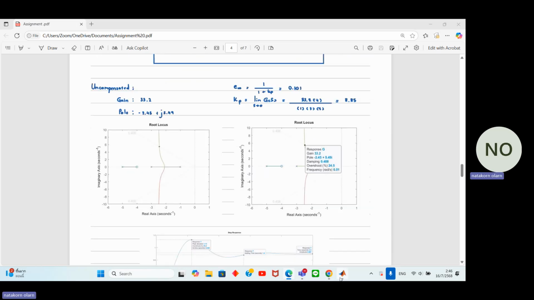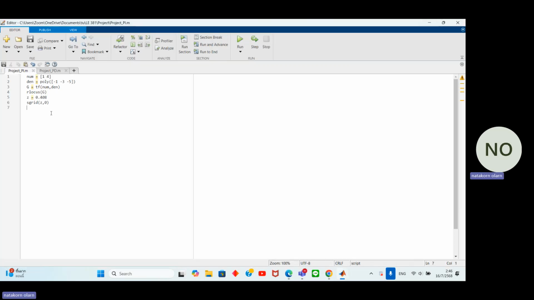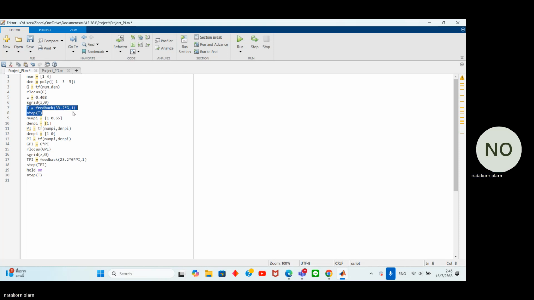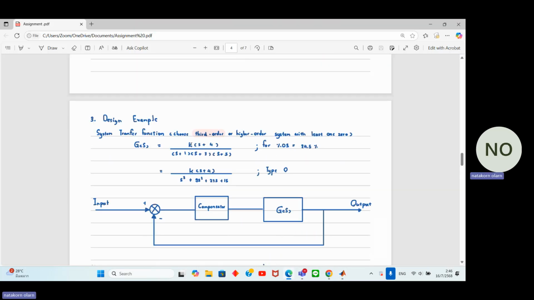And then we will find the function to find the response time of the system. So first I find the feedback and find the step. I use the gain function, which means K, from the system, which is this, and G is the function.